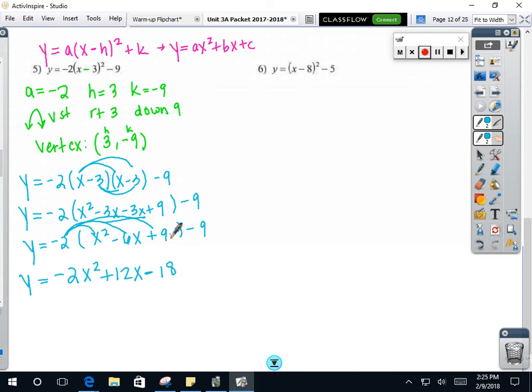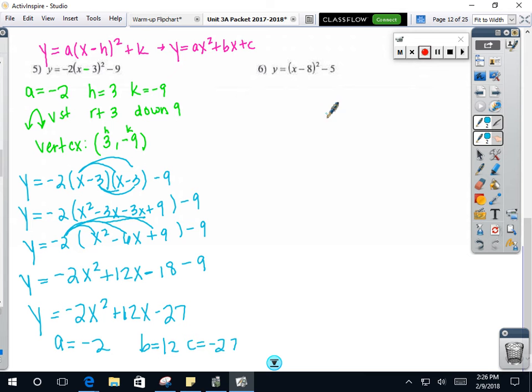Just 18, there's no x. And then don't forget about this minus 9. Then in the end, we'll combine with that negative 18 to make your final answer negative 27. So the A is still negative 2, just like it was in vertex form. The B is 12. And the C is negative 27.